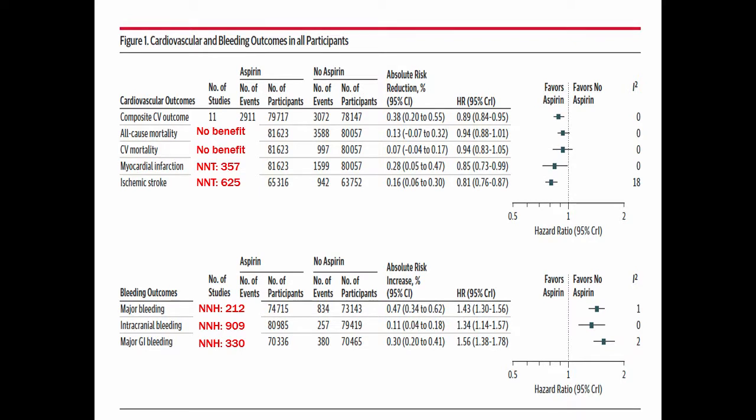I do not want to have any bleeding, and I am willing to take the risk of heart attack and stroke. He doesn't want to take the aspirin. That is still the right decision. So you see that NNT gives you the ammunition to talk to the patient and make decisions with the patient instead of telling you what is the right decision and what is not the right decision. The right decision could be either option.